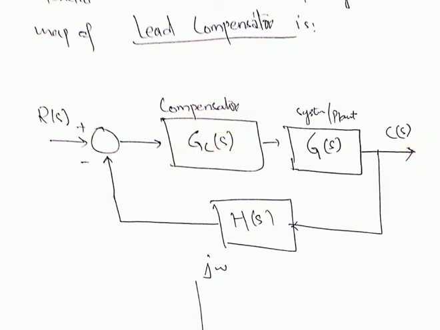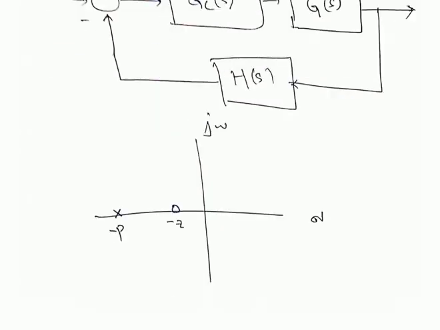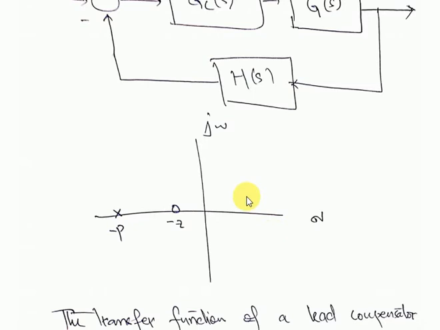How will we plot the pole-zero map of the lead compensator? This is the sigma j omega axis. In lead compensators, we have the zero before the pole. Like if the zero is at -2, the pole will be at more distance from this -2, meaning -2.1, -2.5, -3, -4, -5, any; p must be greater than z in value. So p is far away from the zero.